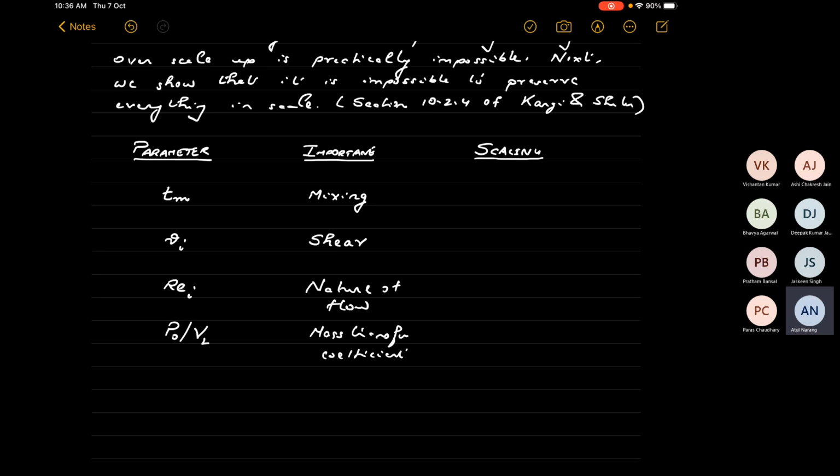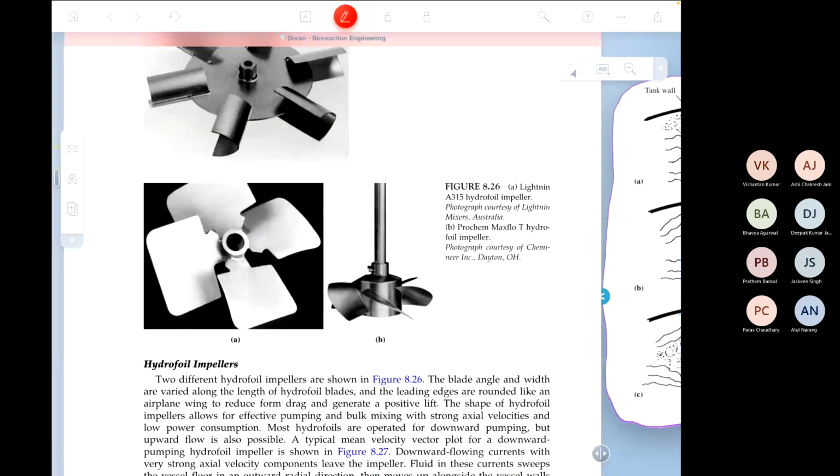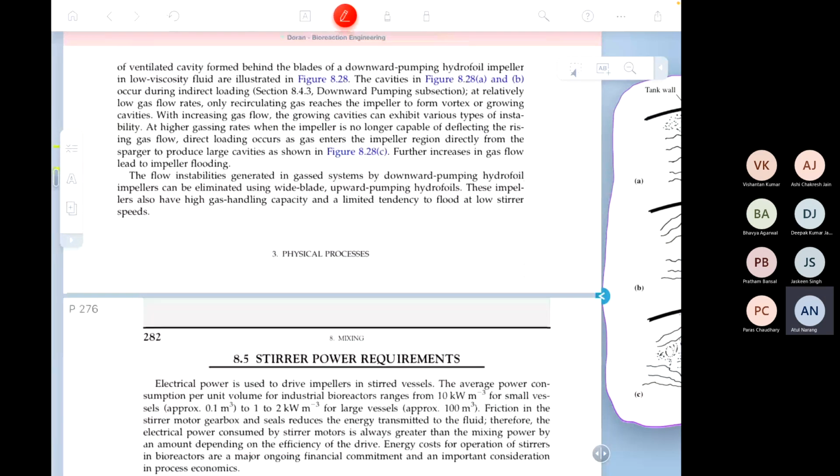We've seen that this goes as 1 over n sub I over scale. This is equation, I guess it was equation 8.22, I can't remember now. But this is all over the place.